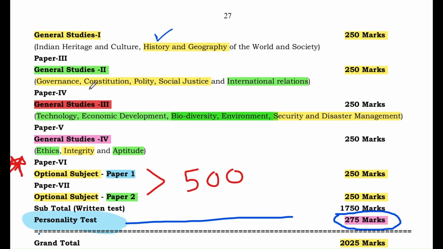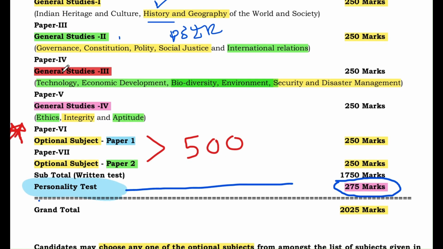General Studies Paper 2 covers governance, Constitution, Indian polity, social justice, and international relations. This is also 250 marks. Here our PSIR subject has a huge overlap with the syllabus. In history, the NAM and many struggle movements are also from PSIR.